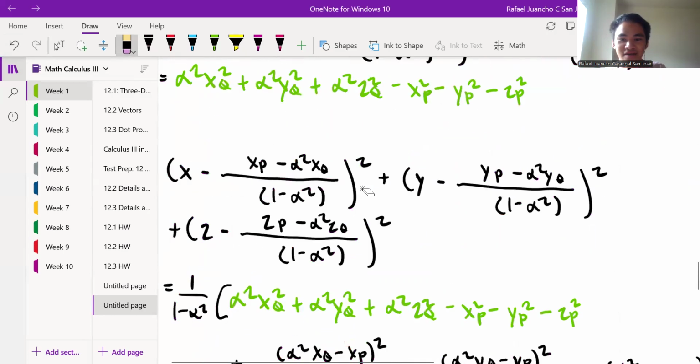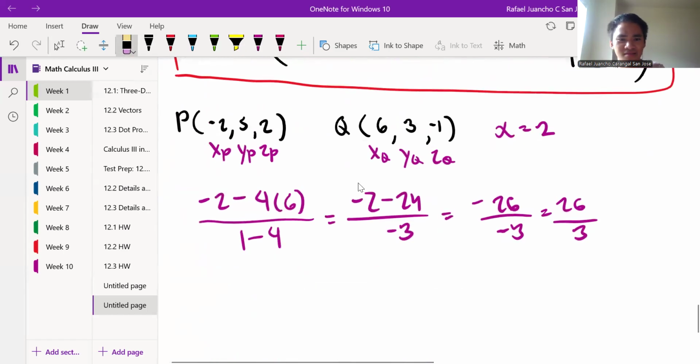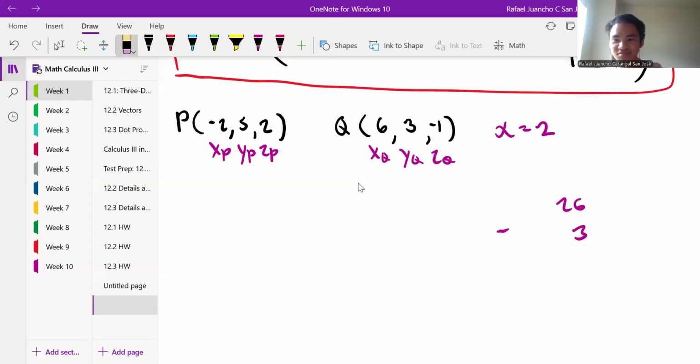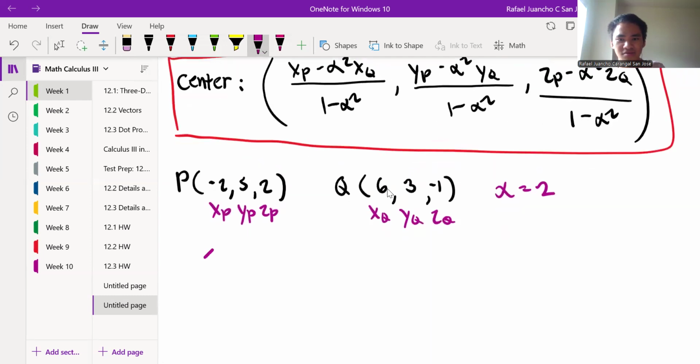And let's try our y. So we got our x, which is really nice. Very, very nice. Let's try our y here. So we plug in the YP, right? It's so nice though. Alpha squared, so that's 4.